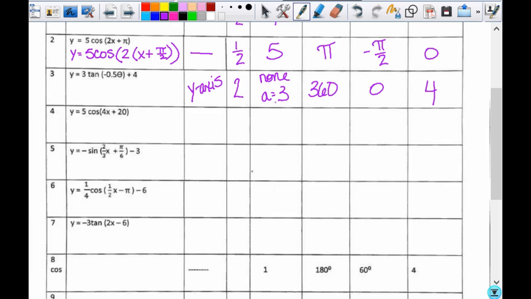All right, do we have a reflection here on 4? No. Okay. Horizontal stretch or compression, what is it? 1/4, right? Do we have an amplitude? Yes, it's 5. All right, and are we in degrees or radians? Degrees. And so this is cosine, so I take 2 pi and divide it by 4.